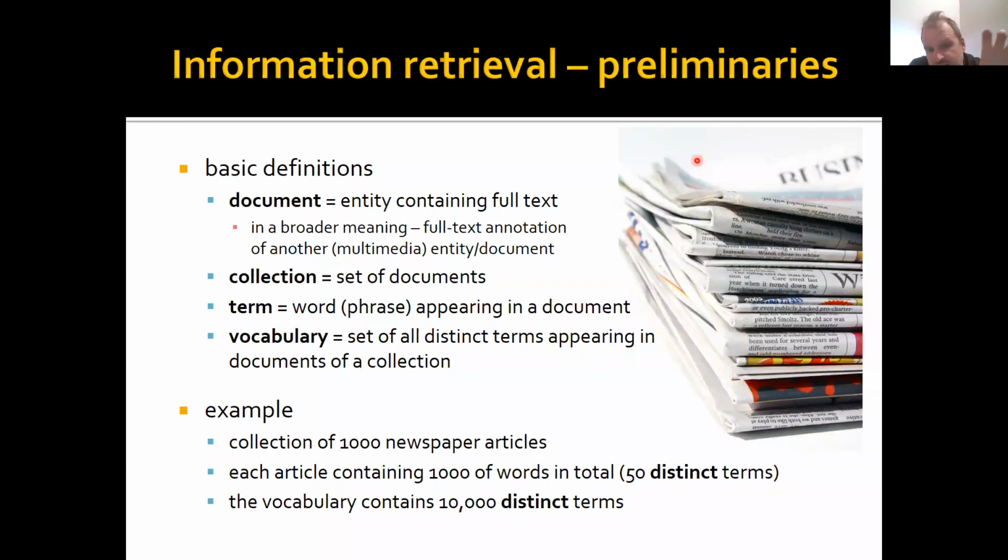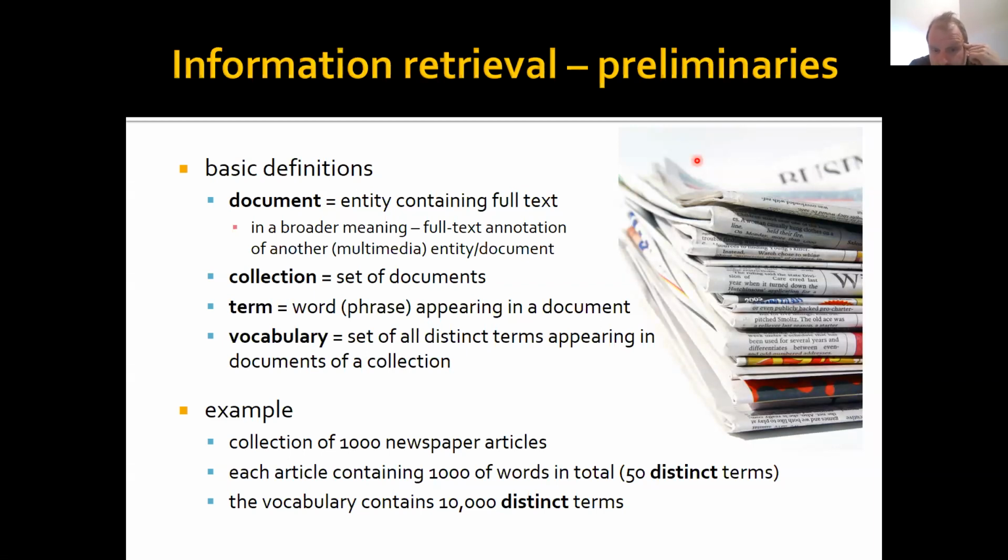But in these 1000 words, there are maybe only 50 distinct terms. I will show how these terms are constructed. And we can also assume that for the whole vocabulary, when taking these 1000 articles with 50 terms per article, there could be, for example, 10,000 distinct terms, right? So these are the typical numbers for this size of collection of text.